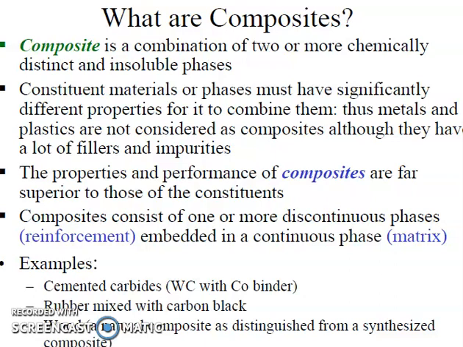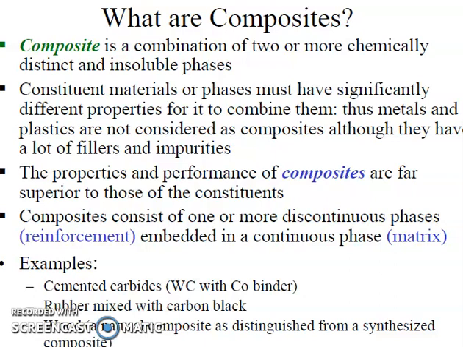A composite is a combination of two or more chemically distinct and insoluble phases. Composite constituent materials or phases must have significantly different properties to combine them.